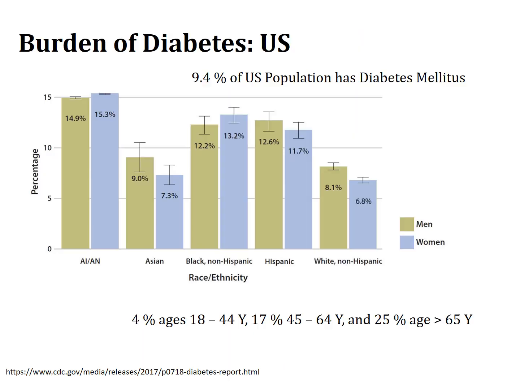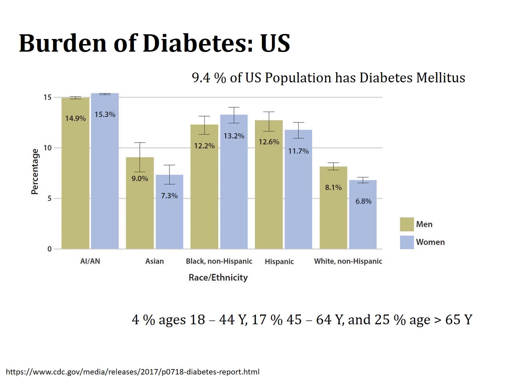What is the burden of diabetes mellitus in the United States? According to the CDC, their most recent epidemiologic data from 2017, they state that just under 10% of the population has diabetes mellitus.